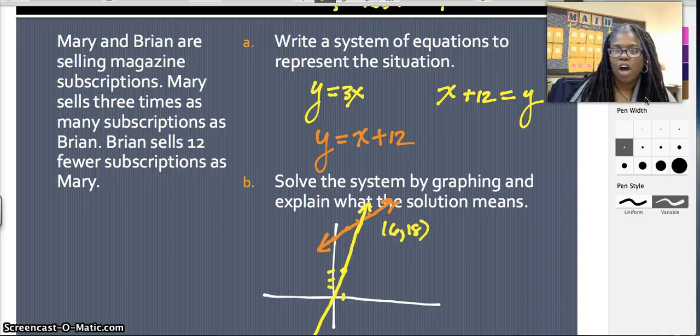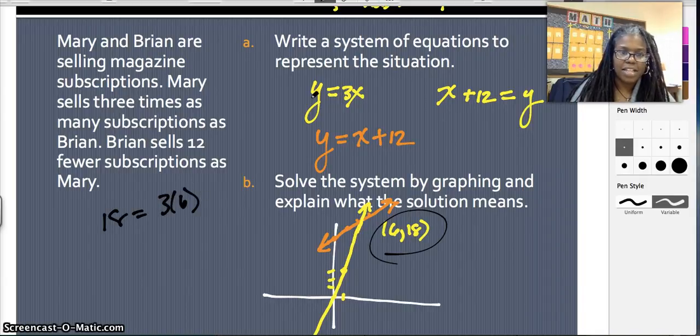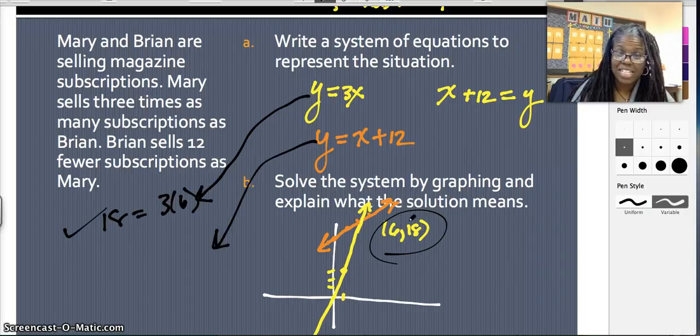So let's talk about what that means. This is, for all intents and purposes, done. It means that the ordered pair (6, 18) satisfies this equation. If I put 18 is equal to 3 times 6, that's me plugging it into this equation and checking it out, and you can see that that's true. I can also plug the 6 and 18 into this equation, and I get 18 is equal to 6 plus 12.